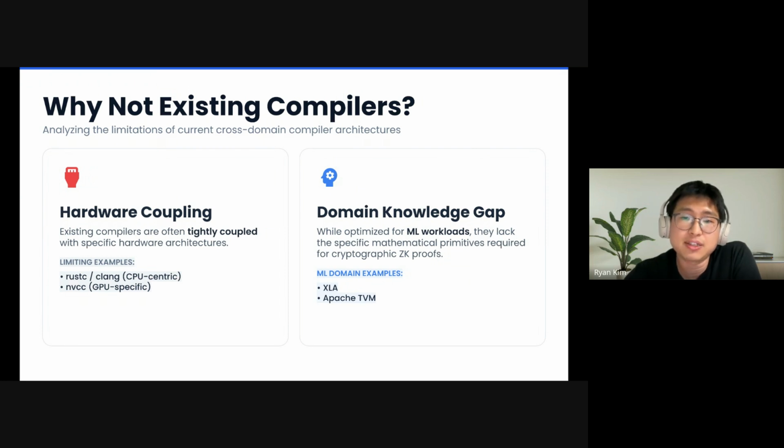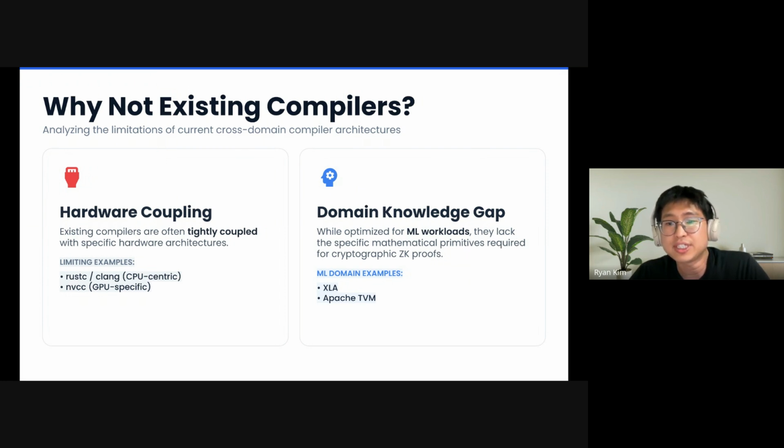Second, domain-specific compilers exist, but for the wrong domain. XLA and Apache TVM actually know domain semantics. That's their whole thing. XLA understands mapping, algebra structure, broadcasting, fusion, and TVM, the same. But the domain they understand is machine learning: matrix multiplication, convolution, activation functions, not the ZK domain, not Montgomery, not MSM Pippenger decomposition, not sumcheck round structure.